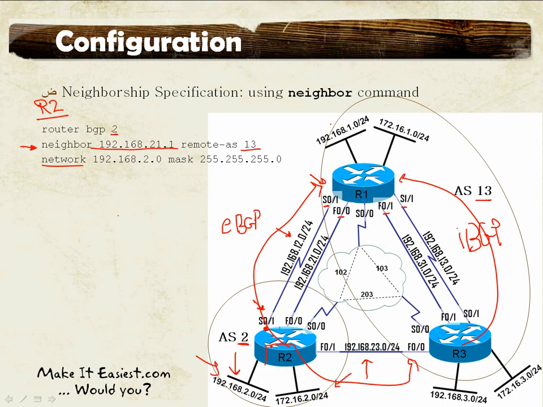So let's get back to our design, and down below at router 2 we have a network called 172.16.2.0/24. This network right here has a mask of 24 and it has a subnet.